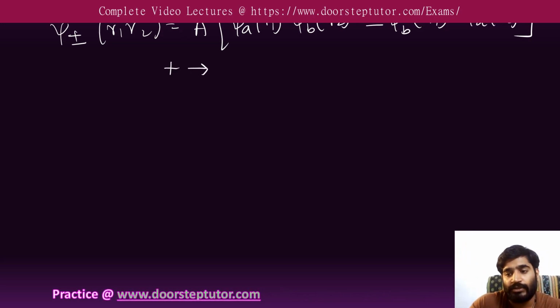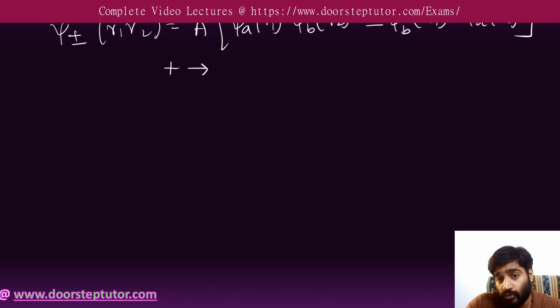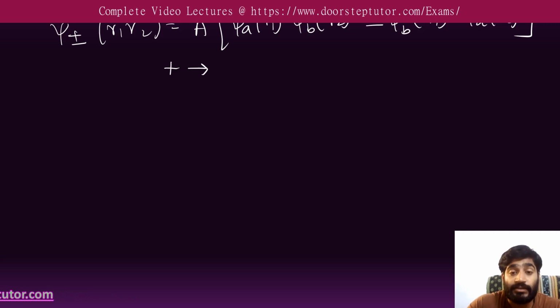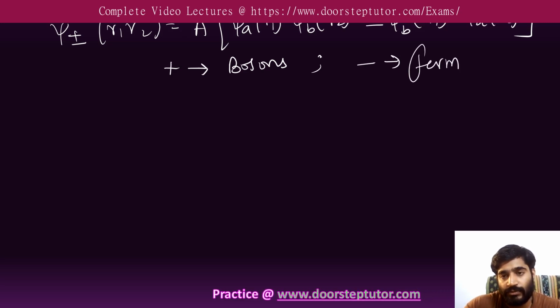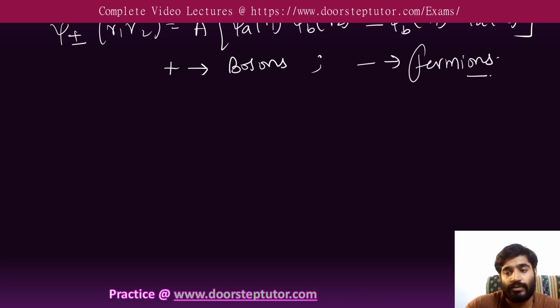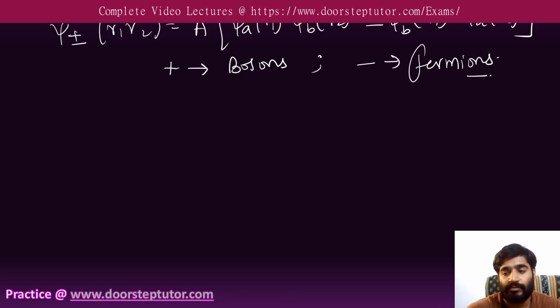Since two particles are indistinguishable, the plus sign is for the bosons, not a hard and fast rule, but we see that. The negative sign is for the fermions.